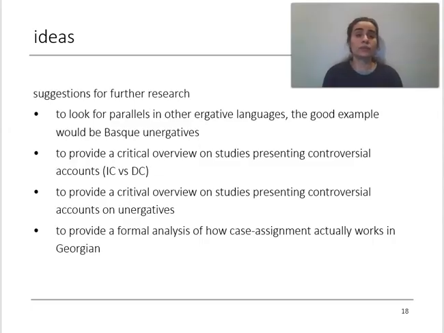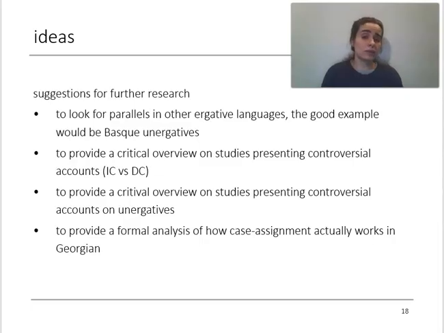A good example from this point of view would be the Basque language, which also has ergative and also uses ergative with unergatives. Hindi can also be an example where it's used optionally, but with Basque it's more interesting because it has been claimed by Premier that Basque unergatives do not have implicit arguments, so there could be some controversial accounts.